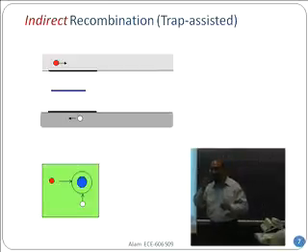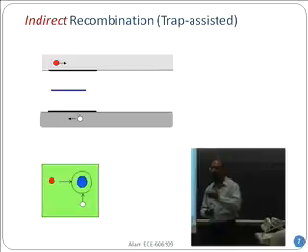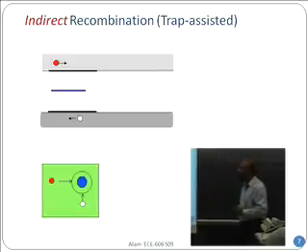So I will call trap a material that gives a band gap level in the middle of the gap. So for example, copper or gold in silicon, which has a mid gap state, and that's what will be called a trap that can help in this recombination process.